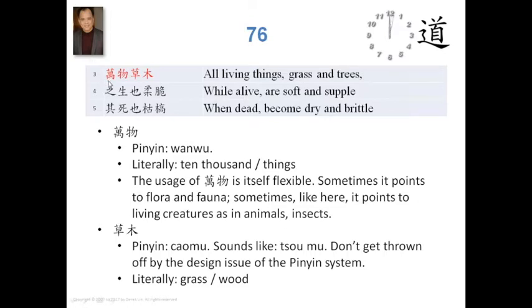So when you put all four characters together, 万物草木, it means all living things, whether it's animals or insects or plants, grass and trees, all of them, everything in the natural environment, all biological entities.